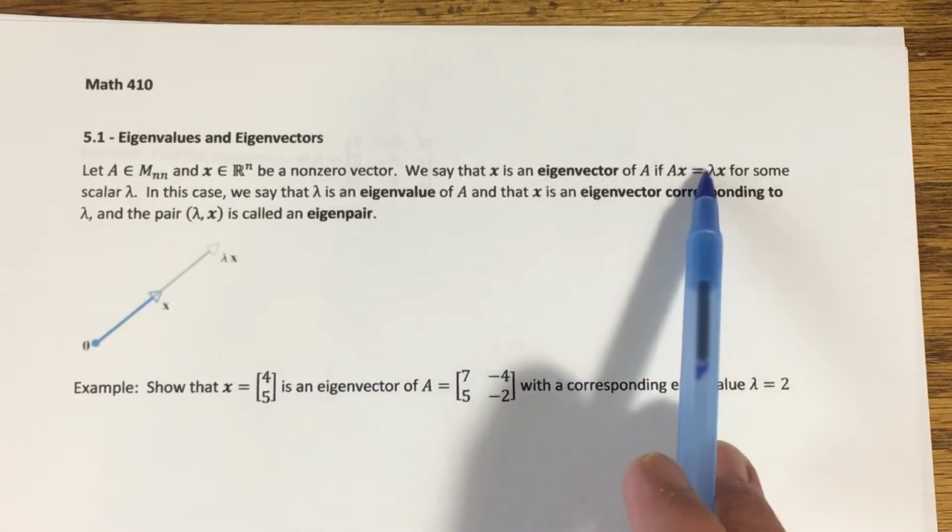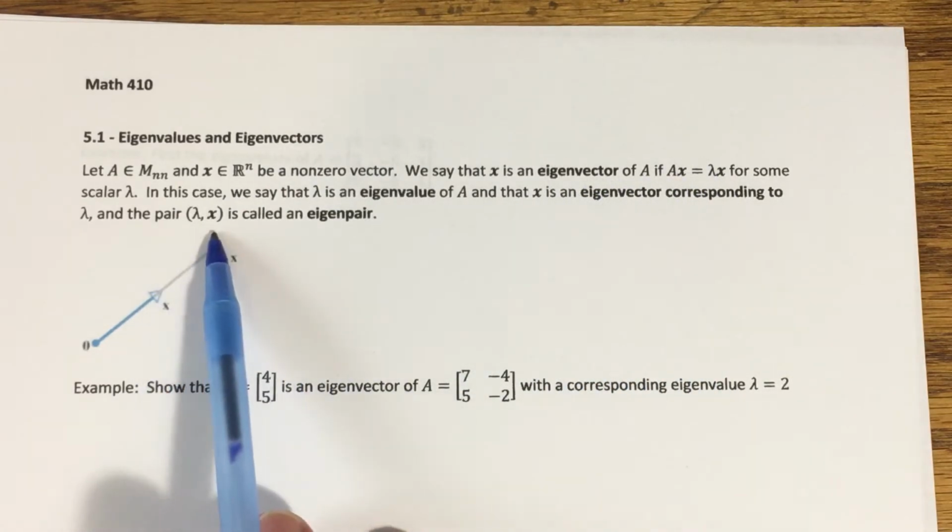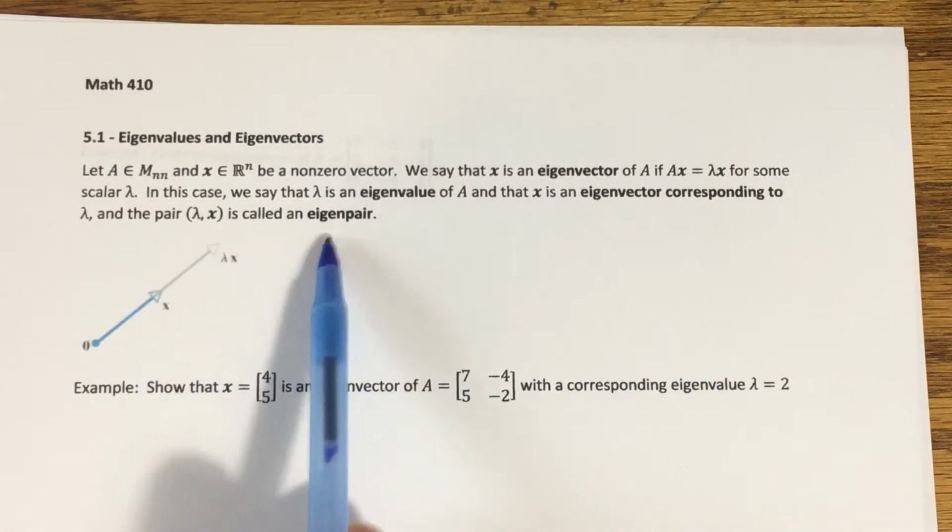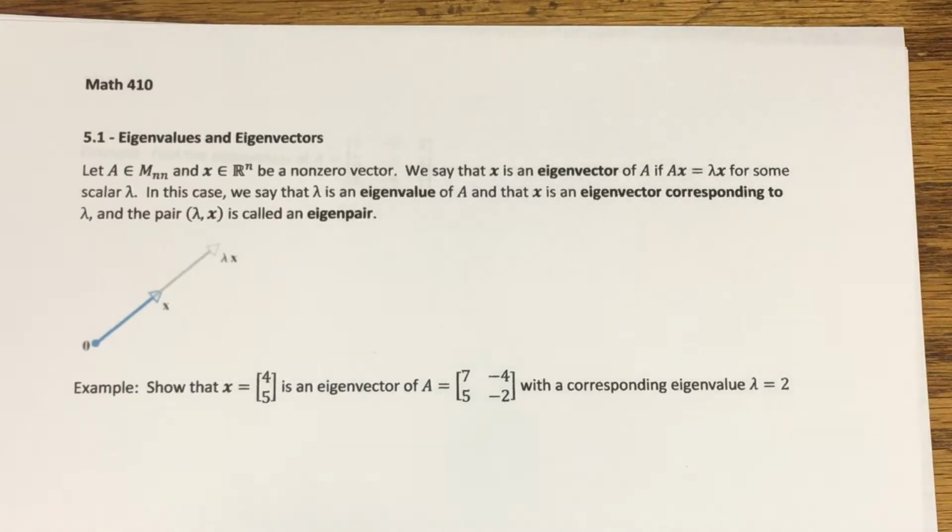If we can find an eigenvalue and an eigenvector that go with it, together we refer to those as an eigenpair. If you take more courses in linear algebra, there are all sorts of eigen things out there: eigenfunctions, and we're going to talk about eigenspaces a little later. That prefix shows up in a lot of different related concepts.